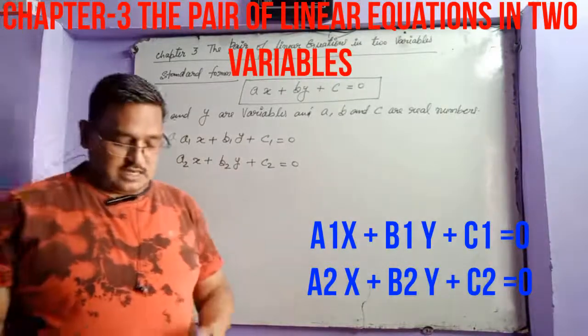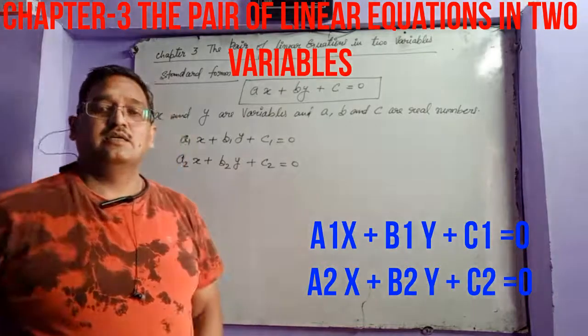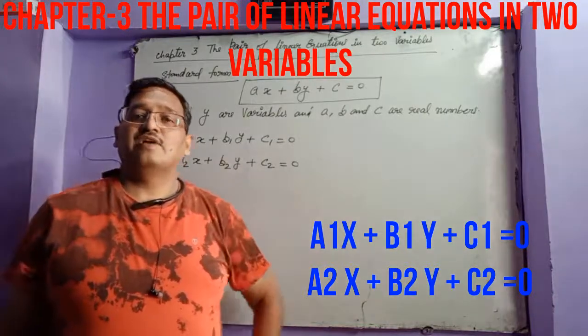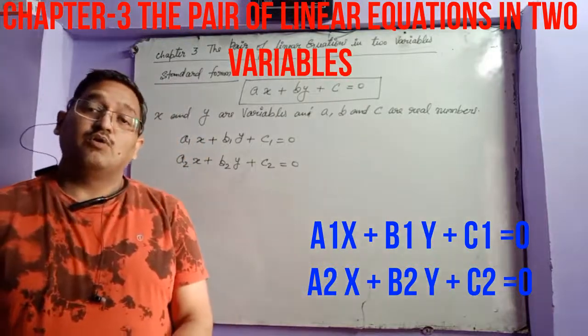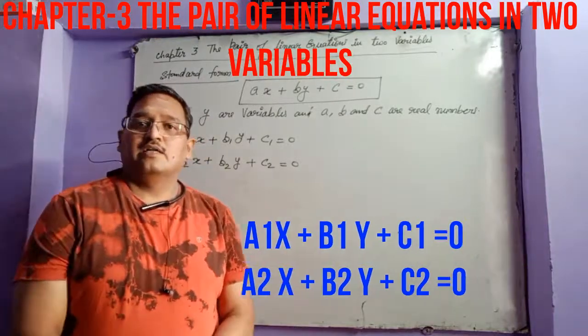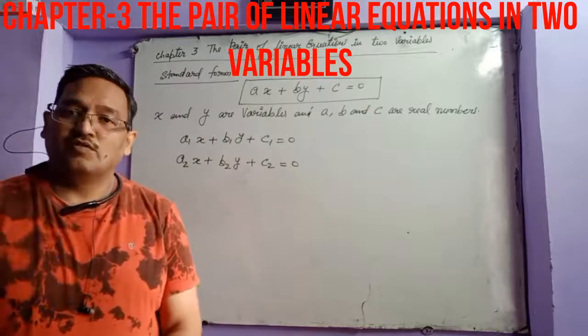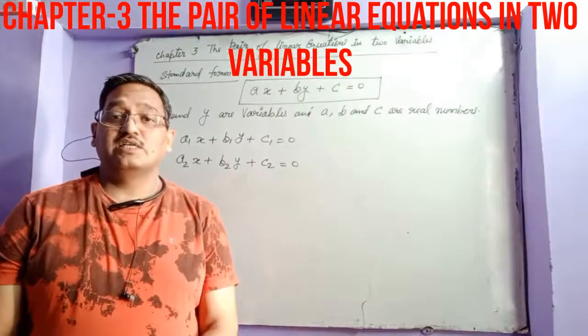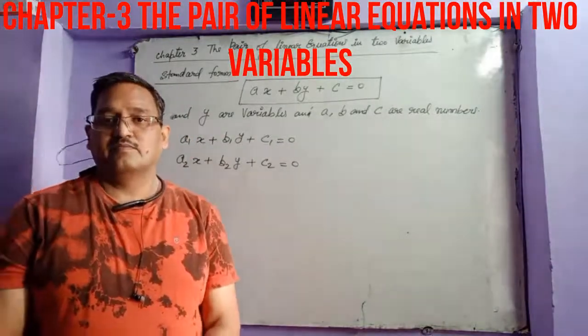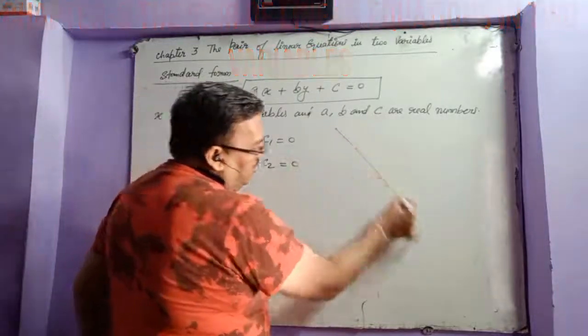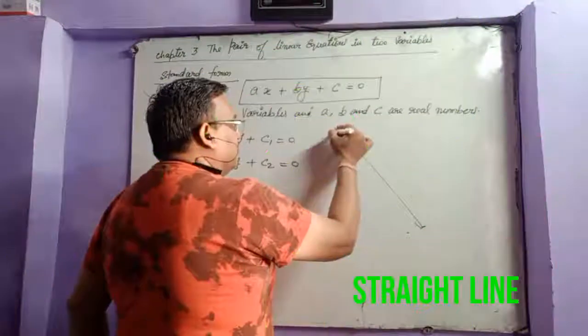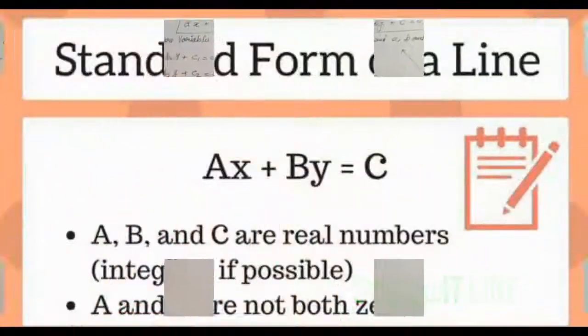In the previous class, class 9, I told you about the graphical representation of a linear equation, and you are all aware that the graphical representation of a linear equation is always a straight line. Whenever you represent a linear equation on graph paper, it will be a straight line.